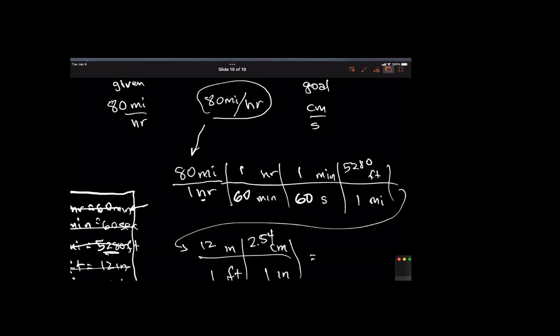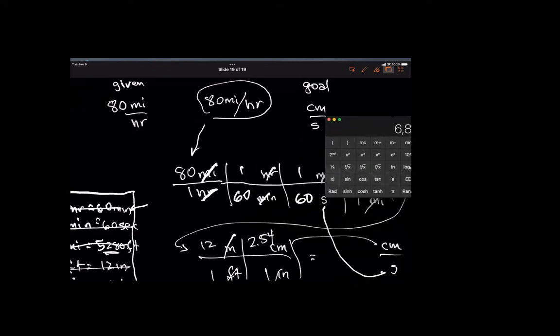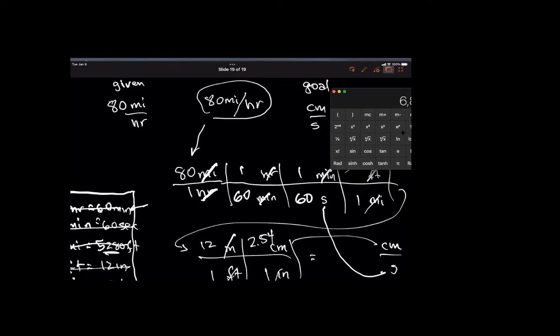If I look at the units, the miles will cancel, the feet will cancel, the inches will cancel, and I get centimeters. The hours will cancel, the minutes will cancel, and I get seconds. All I've got to do now is the math. So let's do the math.